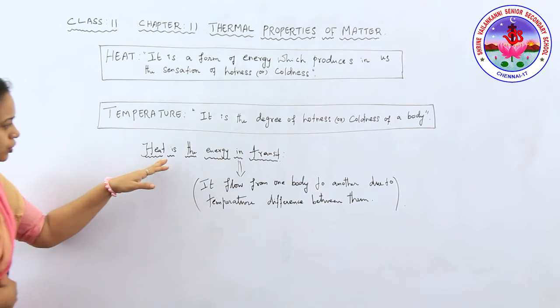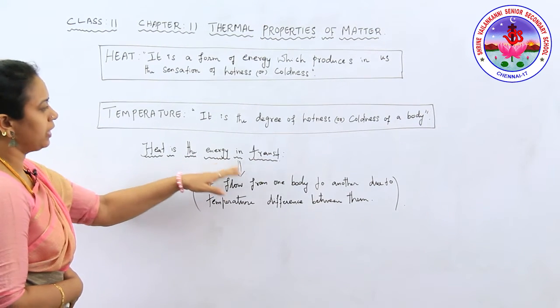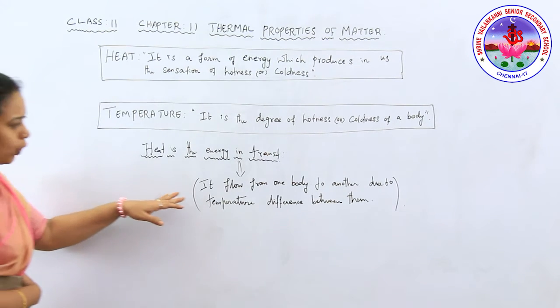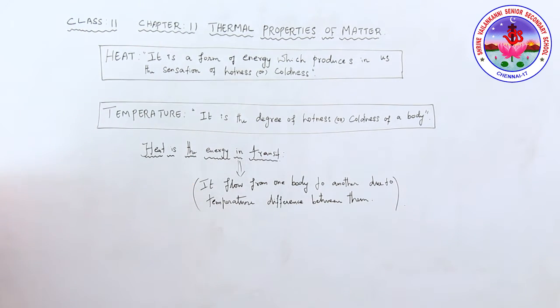And heat is the energy in transit. It flows from one body to another due to the temperature difference between them. This is the part of the internal energy that is transferred from one body to another due to the temperature difference.